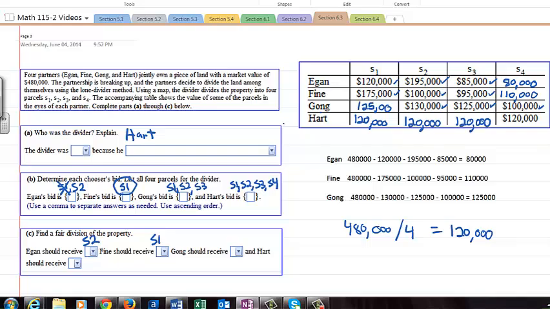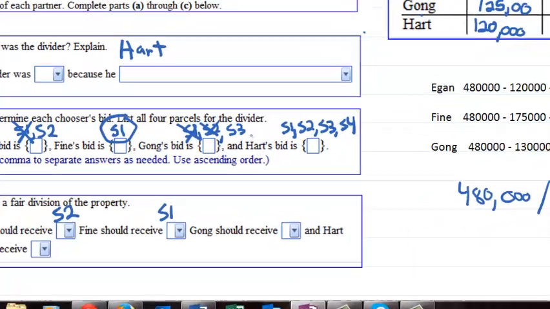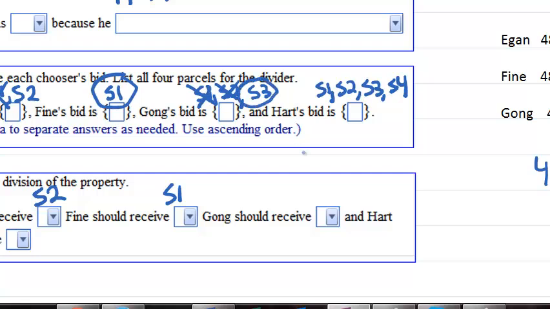With share 1 and share 2 gone, this leaves only share 3 for Gong. And Hart should receive share 4. Each of the players now has a share that they personally value as worth 1/4 or more of the total value. That's it for this one.